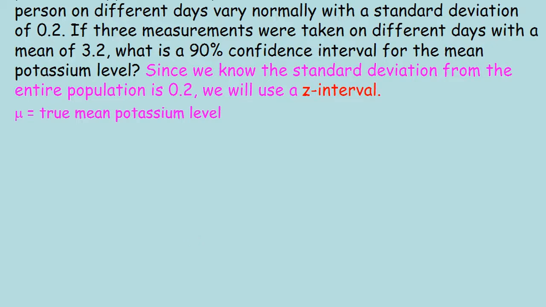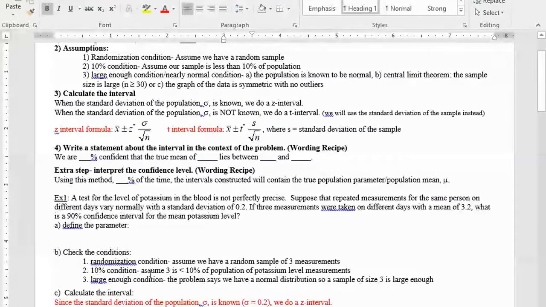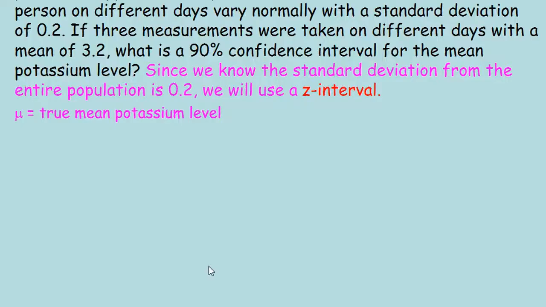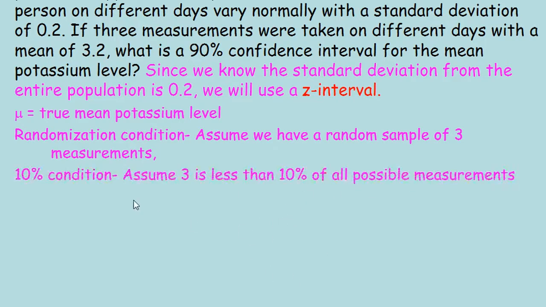Second step, check all the conditions. You would have to type them up if I ask for a response, or sometimes they're multiple choice. So the conditions would be the randomization condition. Assume that the 3 measurements are a random sample. 10% condition.